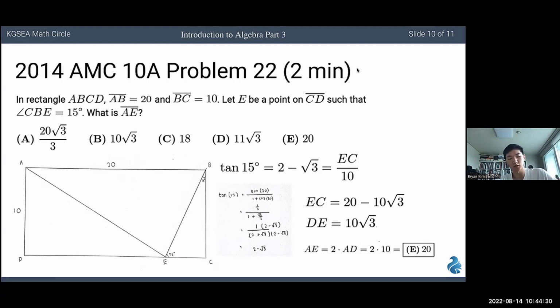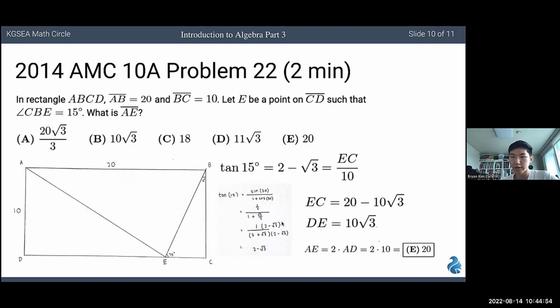And as I mentioned before, since we don't know what tangent 15 is, we can use the half angle formula to figure out what its exact value is. So if you see my problem solved on the bottom left, you see that I applied the formula tangent theta equals sine 2 theta over 1 plus cosine 2 theta.